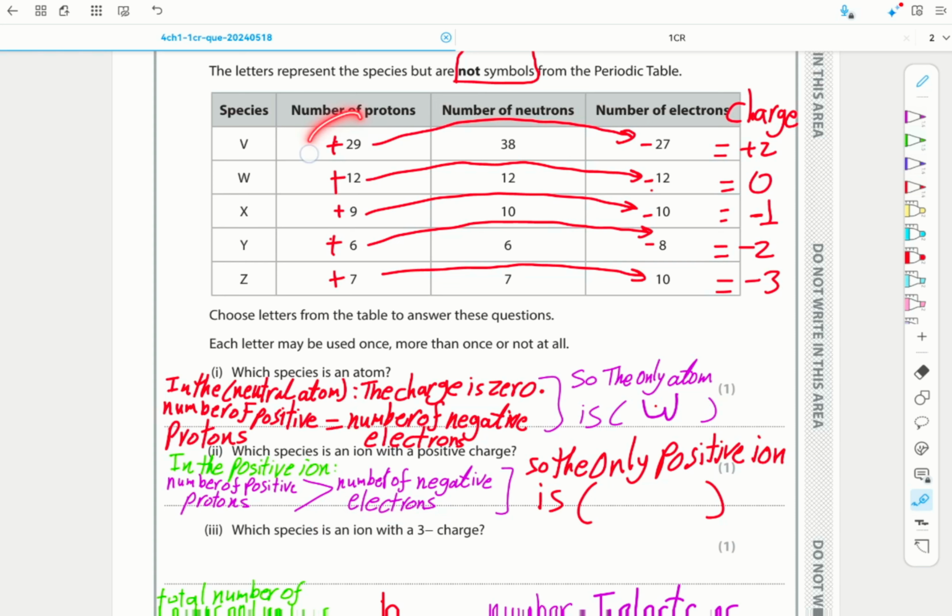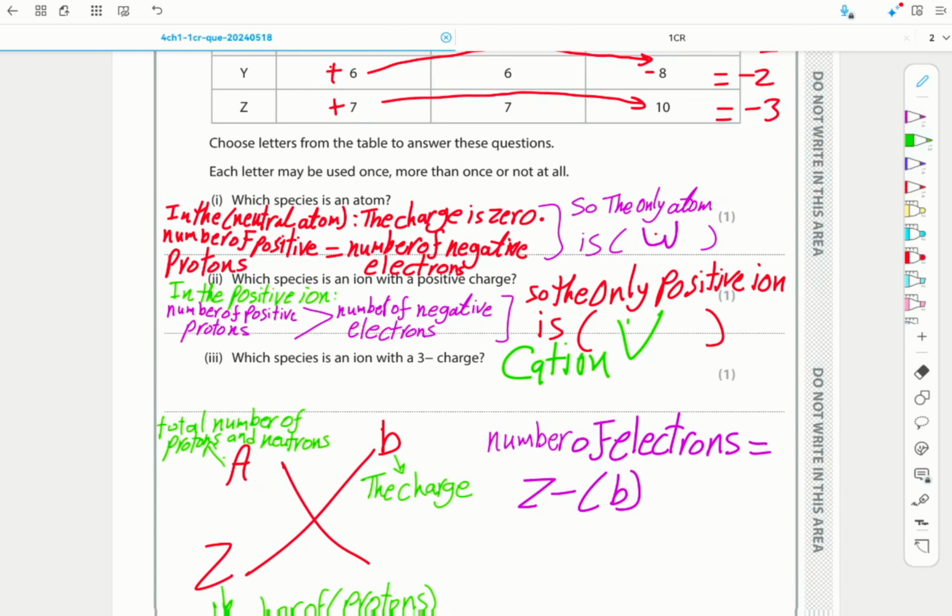Making a quick comparison, you see only this, which is V. In V, the number of positive protons is higher than the number of negative electrons. So the positive ion is V, or we can call it a cation, as we said before.